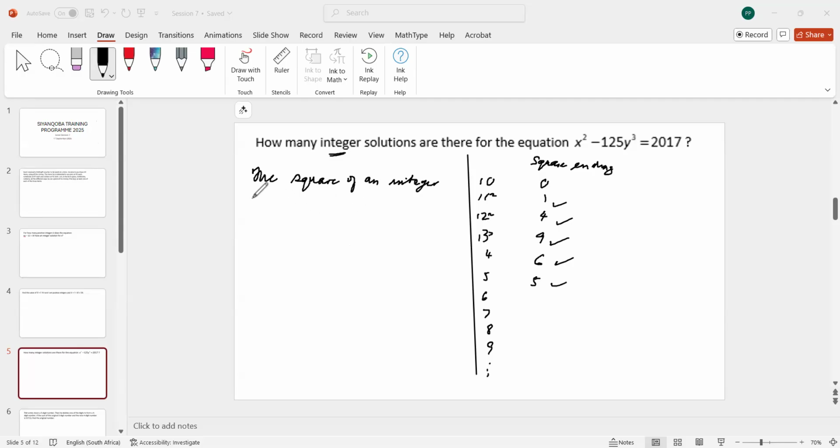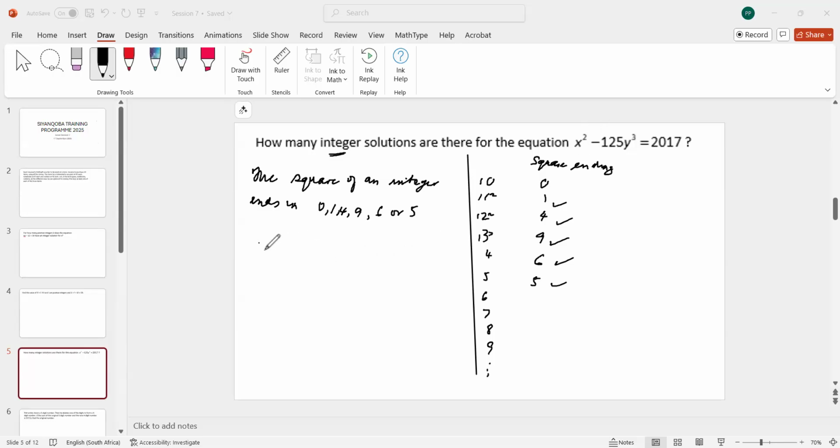So the square of an integer ends in 0, 1, 4, 9, 6, or 5. So there are only 6 possible endings for the square of an integer. All right, so now we'll try to exploit that because we know what this thing ends in.